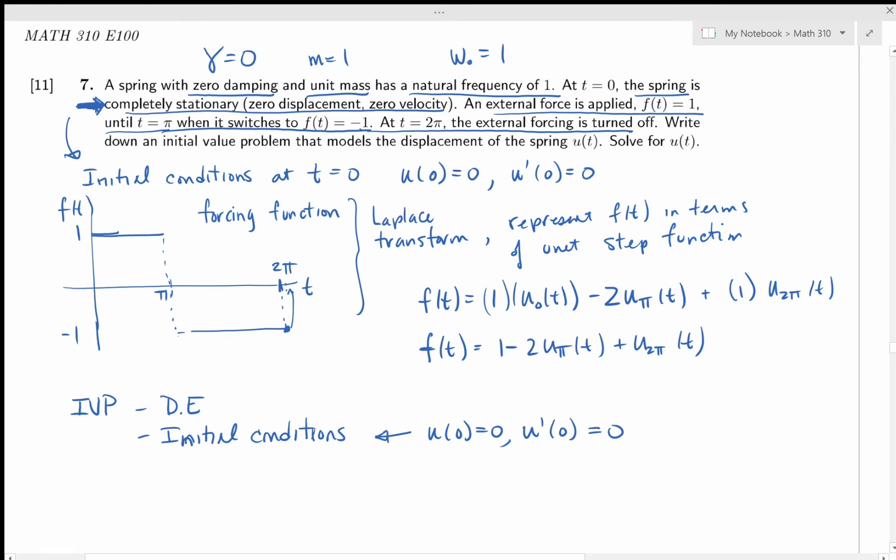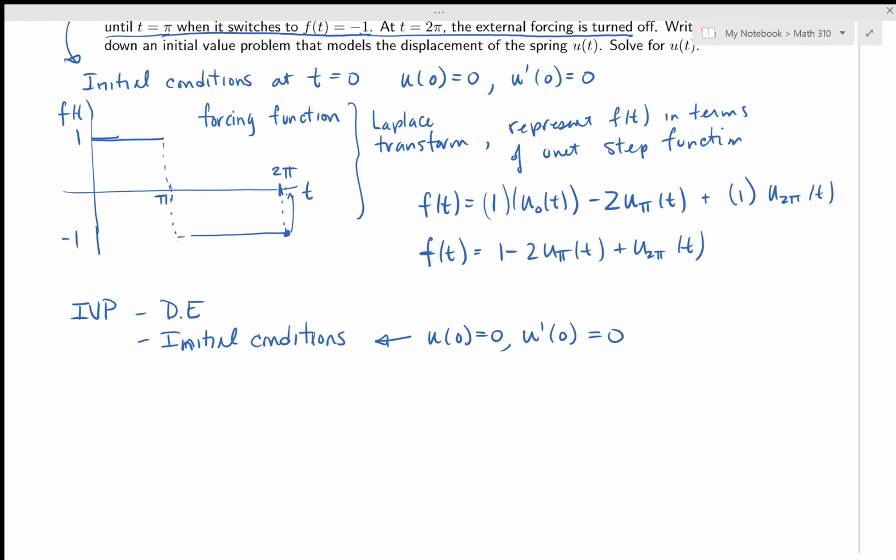What else? I need to recall the differential equation for the spring, and that looks like this. So I'm working on this part right here. As we saw through a variety of examples, the general differential equation for the displacement of a spring looks like this. Okay, where this is the mass, this is the damping coefficient, and this is the spring constant.